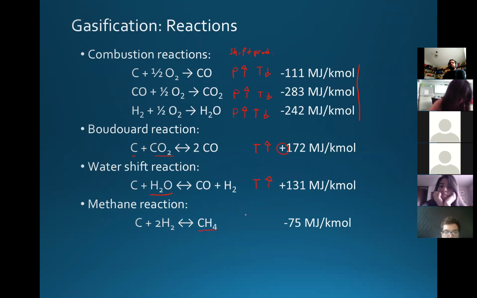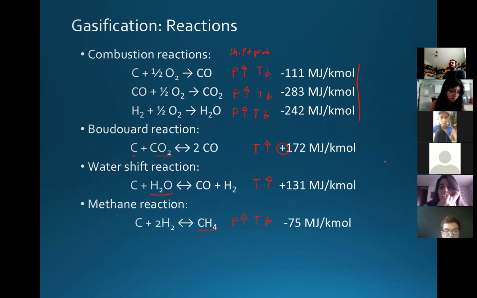Okay, so in this particular case, because we have only 1 mole of gas in the products and 3 moles of gas in the reactants, if we raise the pressure, we're going to shift the reaction to the products. And it is an exothermic reaction, so again, if we lower the temperature, we're going to produce higher amounts of methane, right?